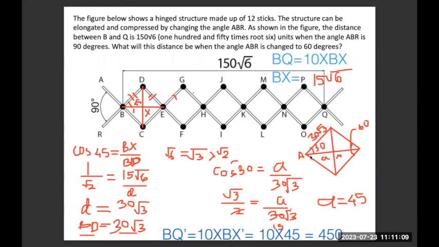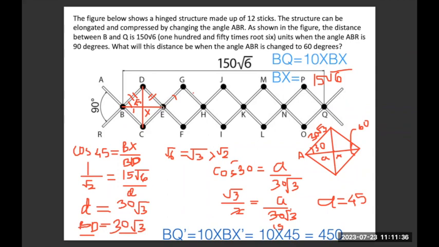Cos 30 is base A upon hypotenuse 30 root 3. Cos 30 is root 3 by 2, which equals A upon 30 root 3. So A's value is 45, which is the new BX dash.